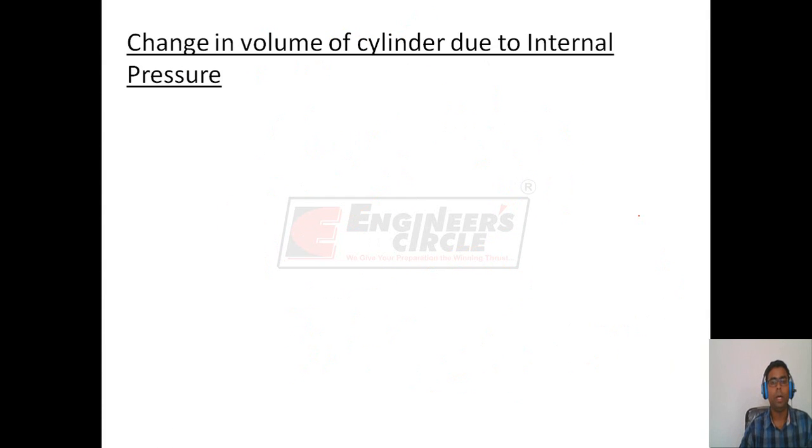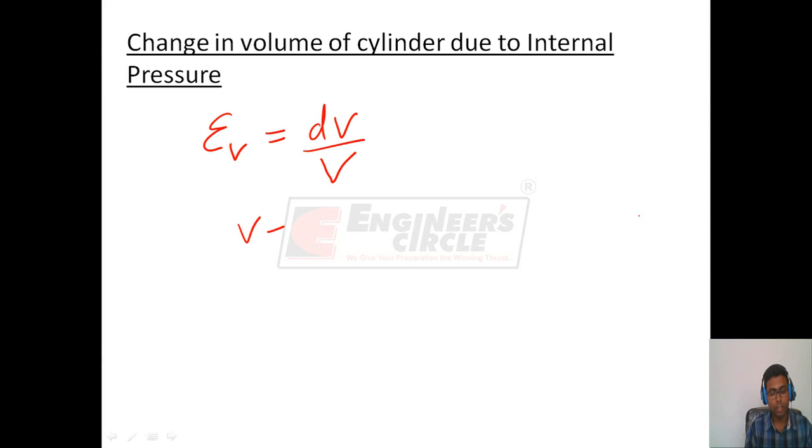Now we can also find what is the change in the volume of the cylinder due to internal pressure. That is, we want to find the volumetric strain epsilon V. The volumetric strain is given as change in volume divided by original volume.